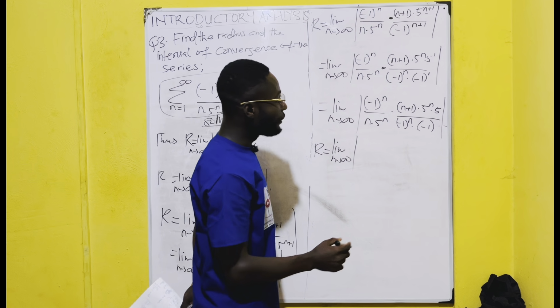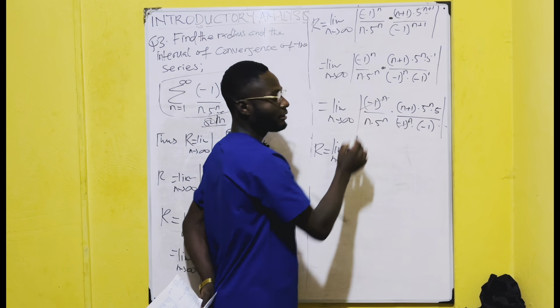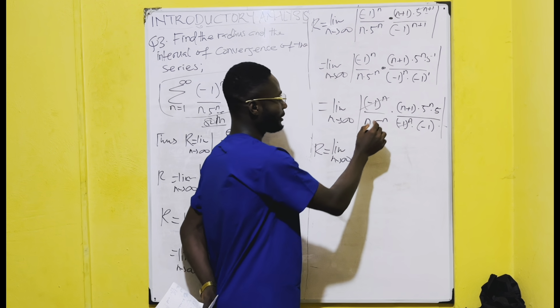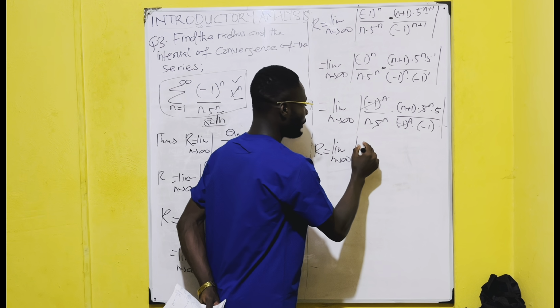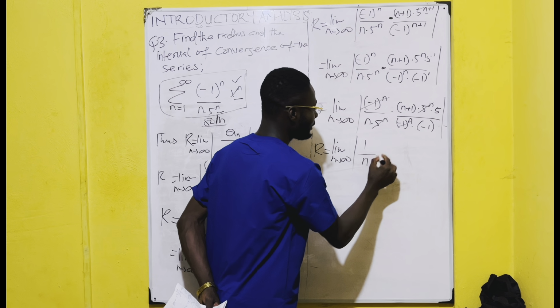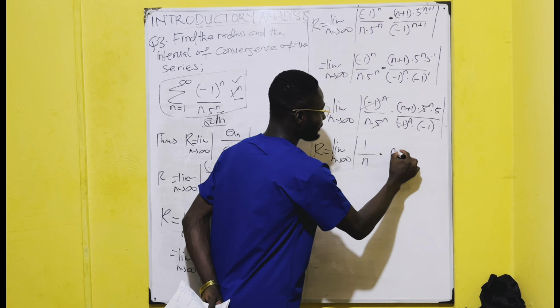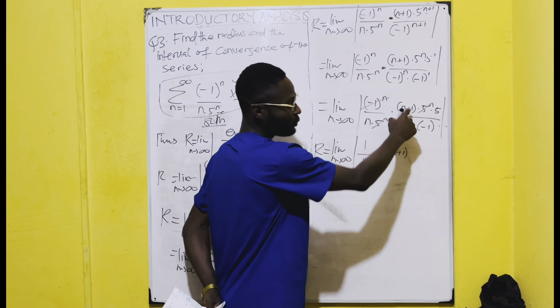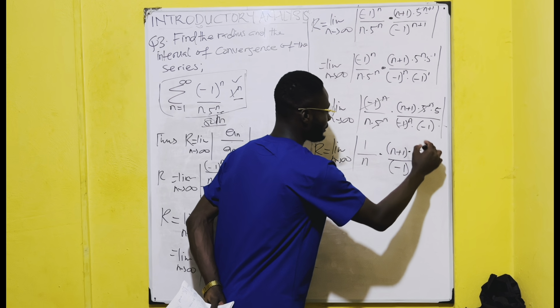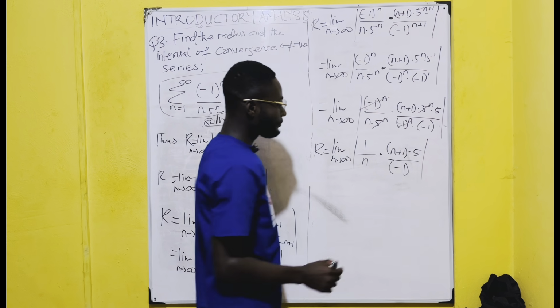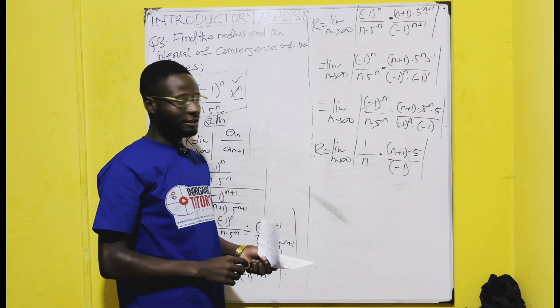So here we say that our radius of convergence is equal to the limit as n approaches infinity of, you know that this can take off this, very simple, you understand that. So this also takes this. So now we have 1 over n times (n+1) times 5 divided by negative 1. Very, very interesting.